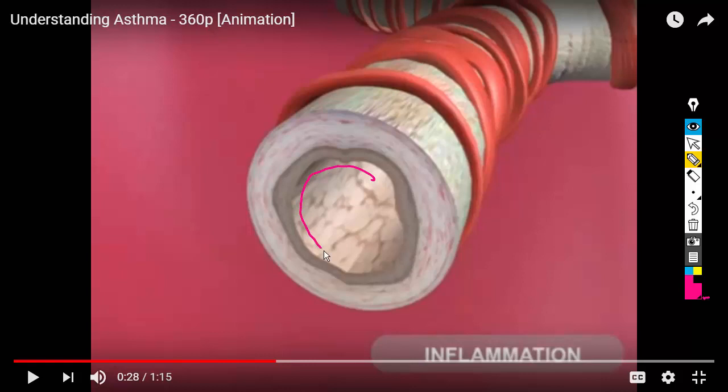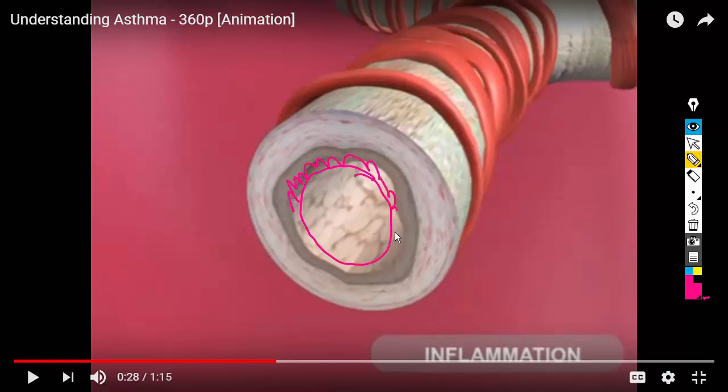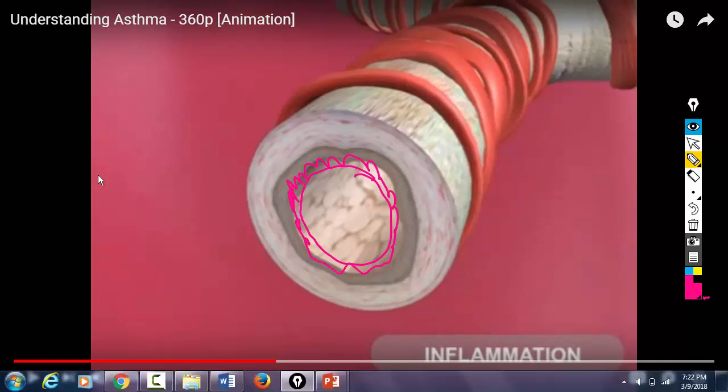This little circle represents blood vessels. In the lungs, the blood vessels have beta 1 receptors, and when epinephrine binds the beta 1 receptors in the arteries that line the lungs, what do the arteries do?